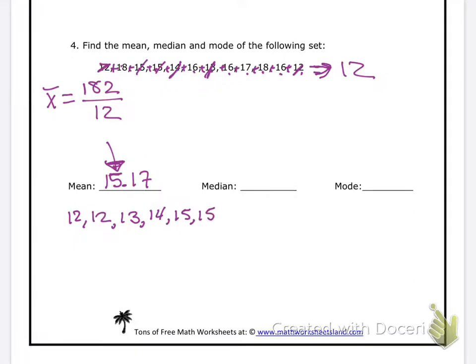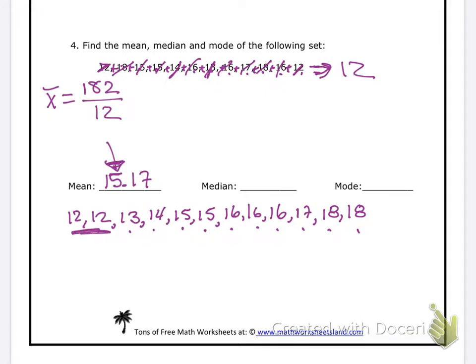And then 16, I've got 1, 2, 3. 16, 16, 16, 17, just got the 1, and then 18, 18, it looks like I have 2. I'm just going to double check that I actually have 12. 1, 2, 3, 4, 5, 6, 7, 8, 9, 10, 11, 12. I do. So now I can list and see which one comes up the most.